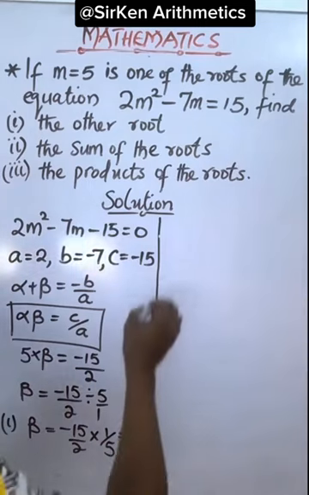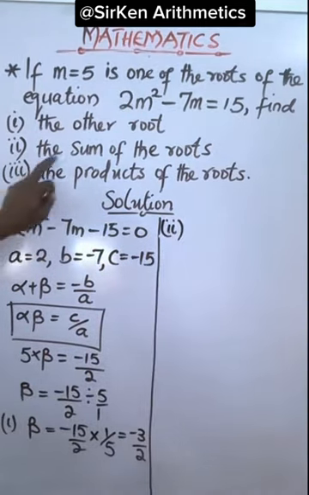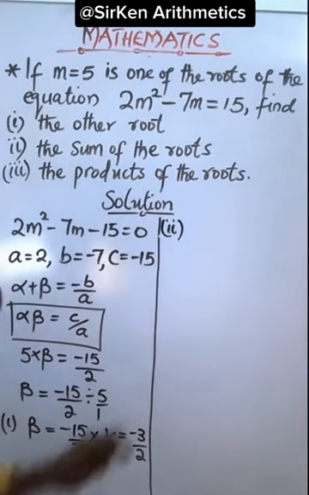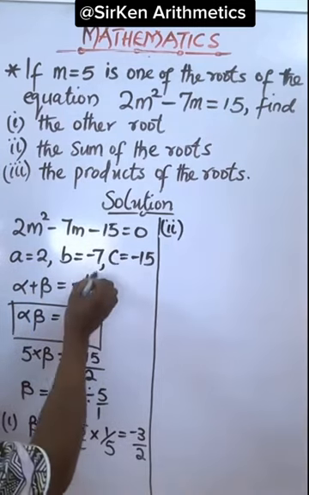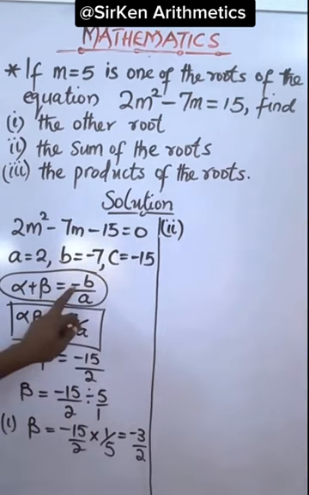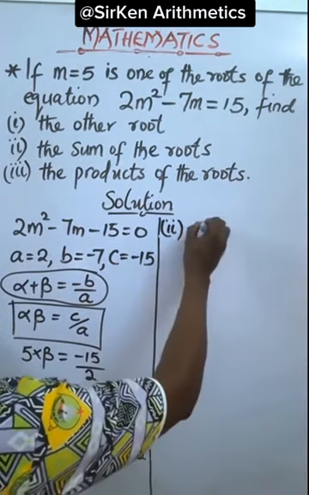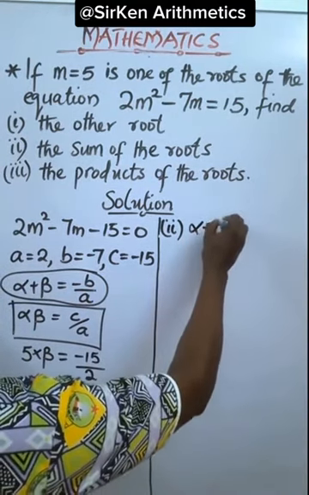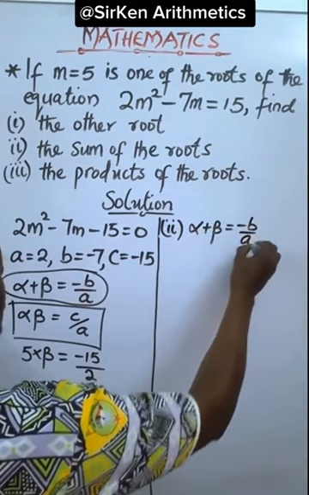All right, let's look at part (ii). They said the sum of the roots. Look at it here. You are free to use this formula. The sum of the roots must give me minus b over a. So the sum of the roots, alpha plus beta, is equal to minus b over a.